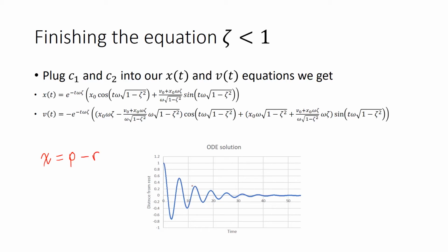So if you wanted to properly target, let's say you set your target at 1, you'd have 1 plus x of t, and that would make it actually approach the proper value.